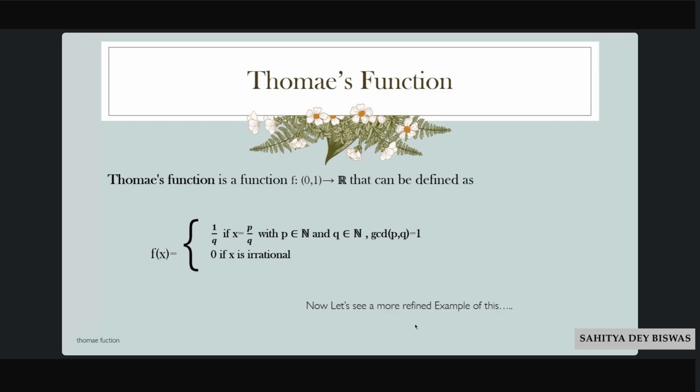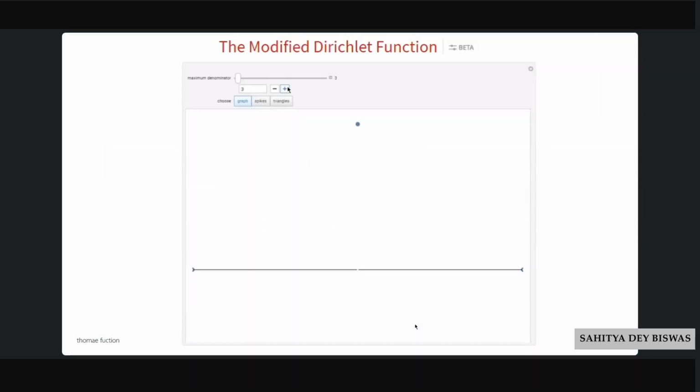Please repeat. I am saying when you take x equal to zero, in the first one it won't come because p and q are natural numbers. But when you take x equal to zero, you can check how it will look. Okay, ma'am, you may continue. Thank you.